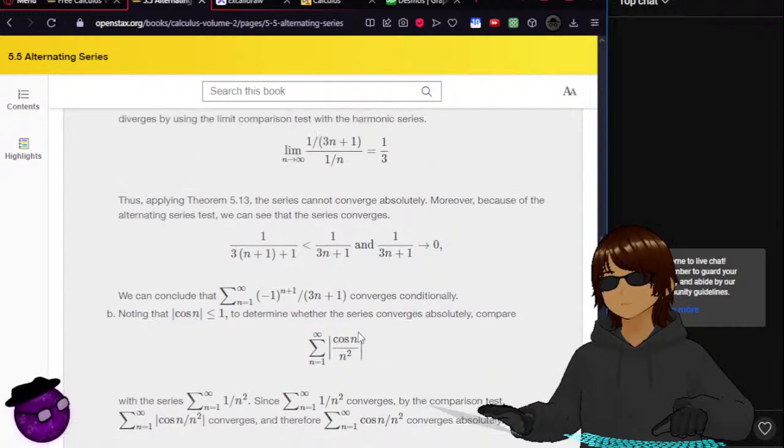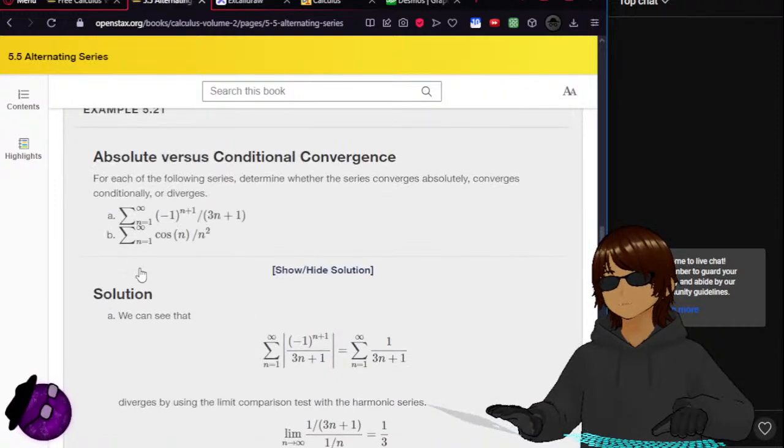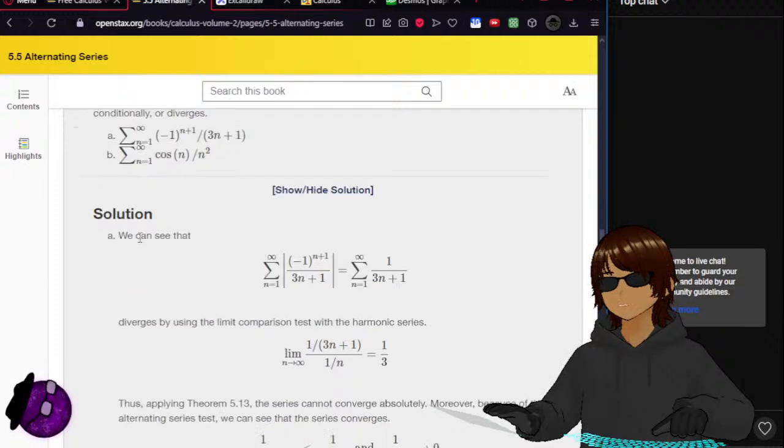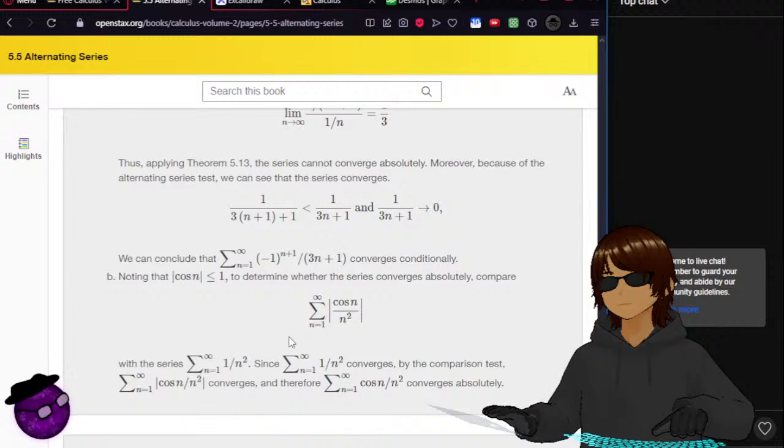Here the absolute value. 1, 2, 3. Compare this to 1 over n squared.